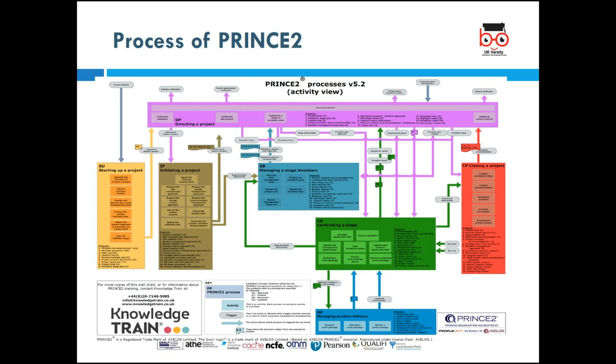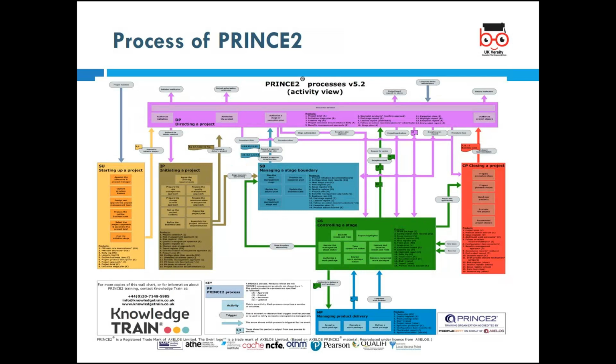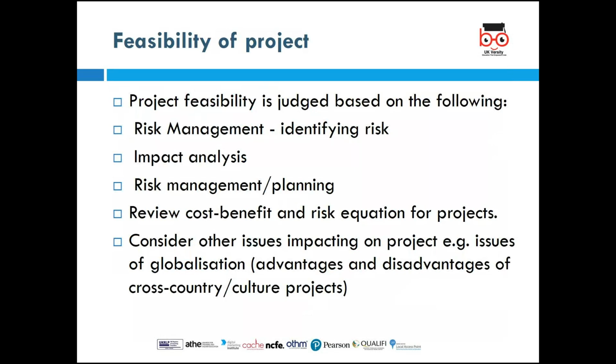So this is a diagrammatic representation of the 7 processes that I showed you in the previous slide. This one: directing, starting up a project, initiating, controlling, managing a stage boundary, managing product delivery, and closing a project, as demonstrated in this diagram. Let's go to the next slide.